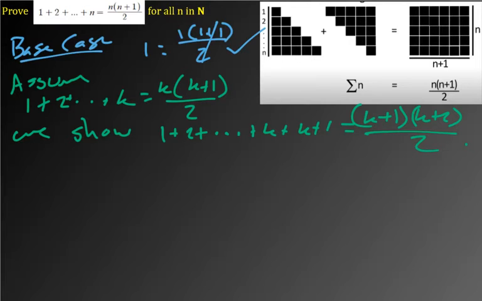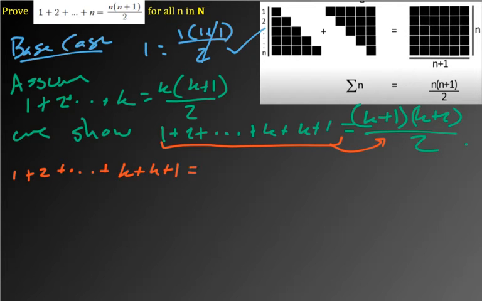So, just like the last few, I'm going to start here, and I'm going to show that I get this. So, let's just use that color. 1 plus 2 plus blah, blah, blah, plus k plus 1 equals k times k plus 1 over 2 plus k plus 1, right? By our assumption.